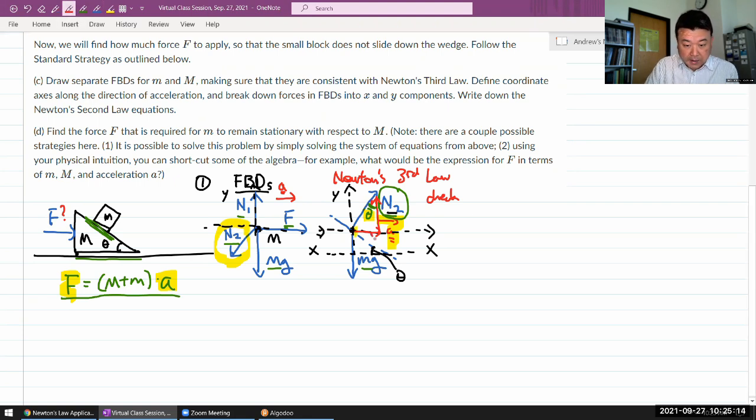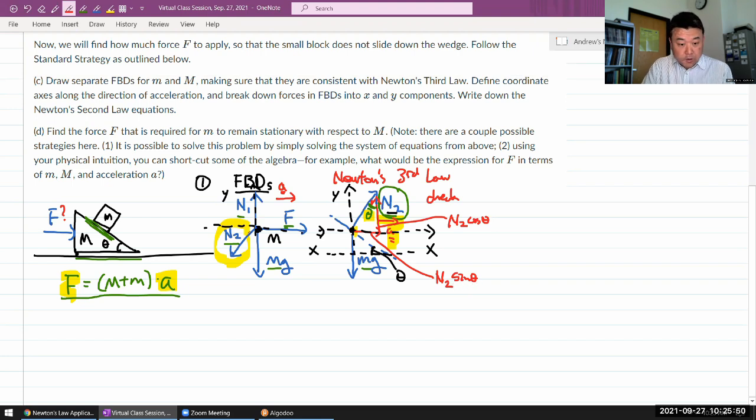So the magnitude of the x component, since it's on the opposite side of the angle, is N2 sine theta. And for the vertical or y component, since it's the adjacent side of the angle, it's N2 cosine theta. So in this particular case, the x component turned out to be sine theta, not cosine.